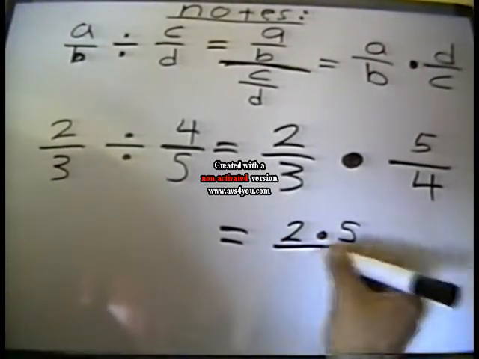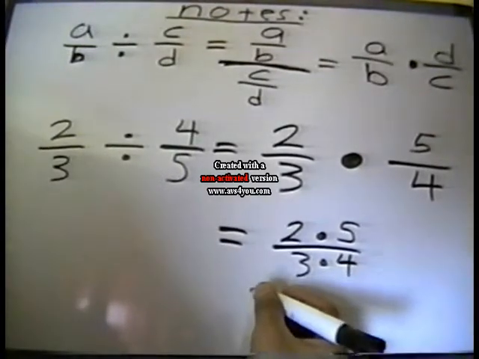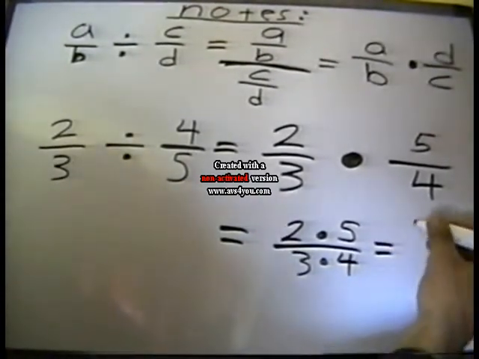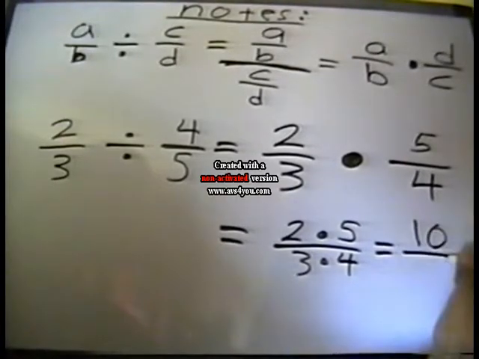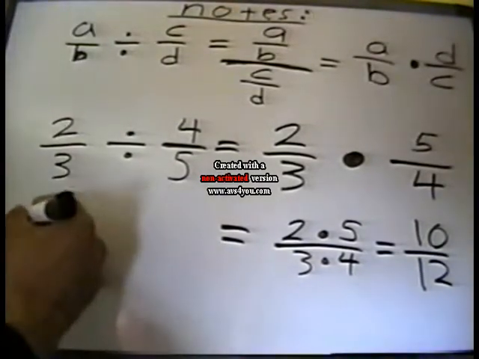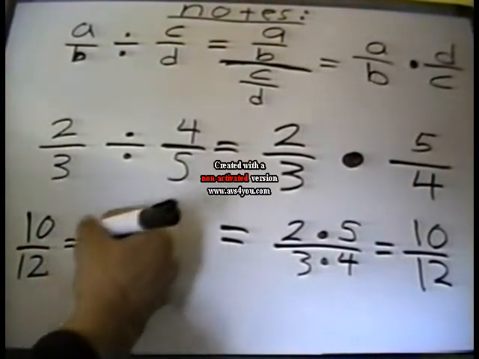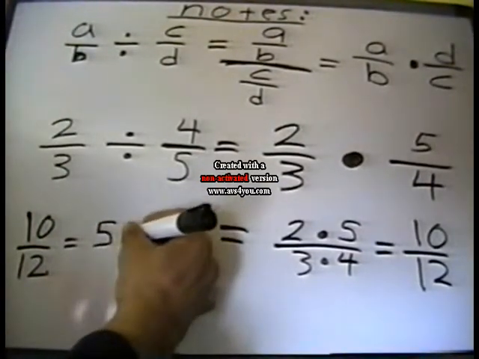And we see that becomes 2 times 5 over 3 times 4, which gives us 10 over 12, or 10 twelfths, which we know is equal to 10 twelfths.